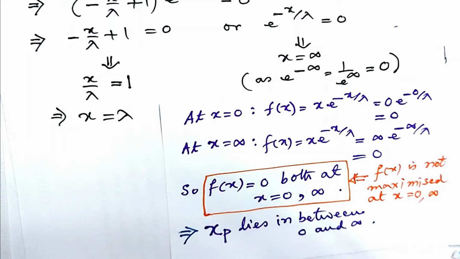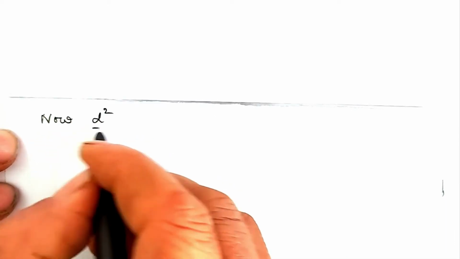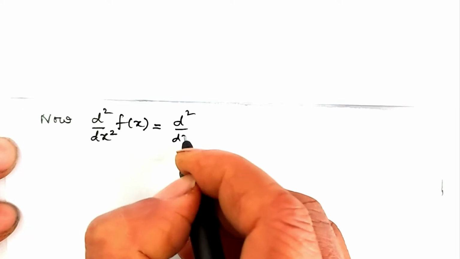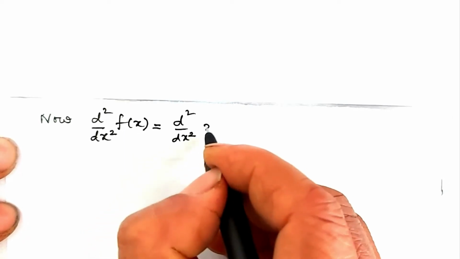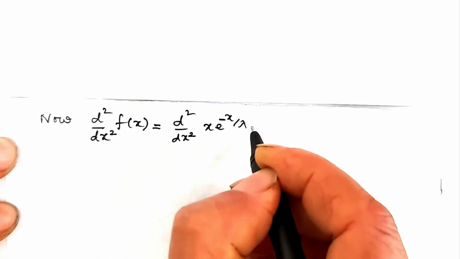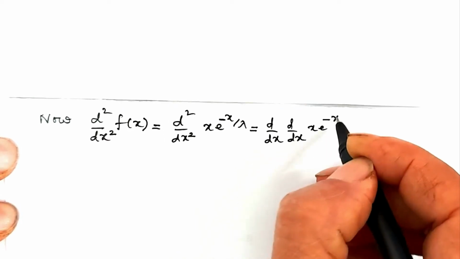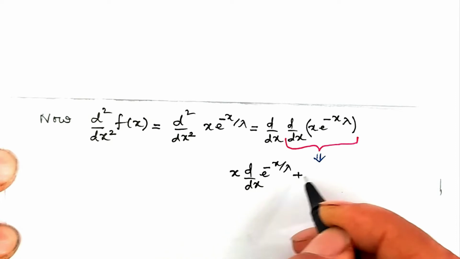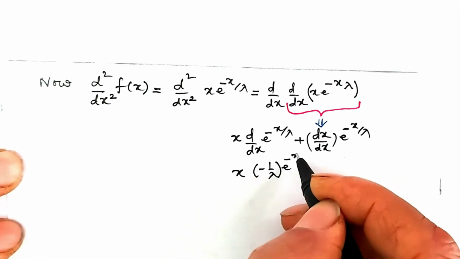But is f of x maximum here or minimum? To be sure about it, we have to find the second derivative, d2 dx square of f of x equal to d2 dx square of, put the value of f of x, we split the derivative, and the first derivative we already calculated a few minutes ago gives.